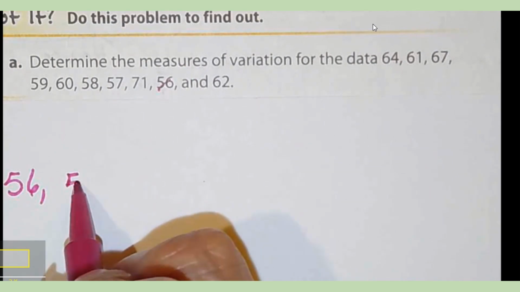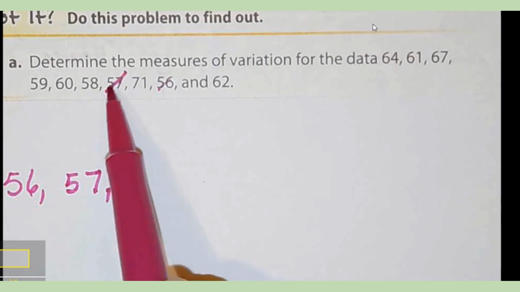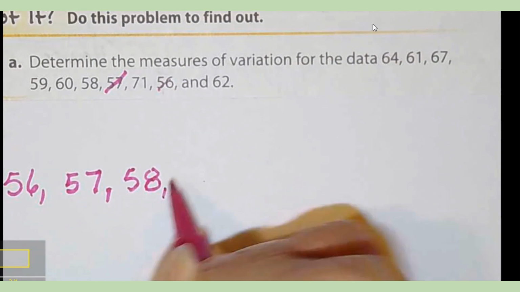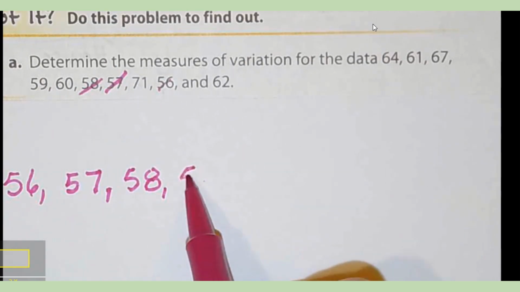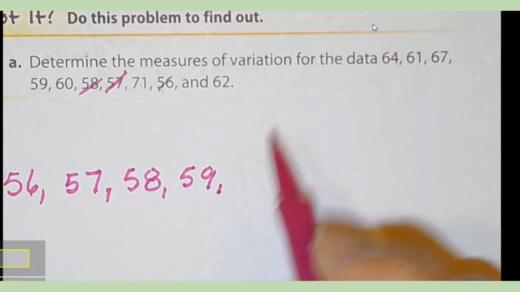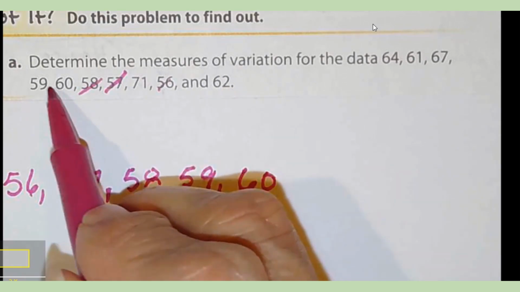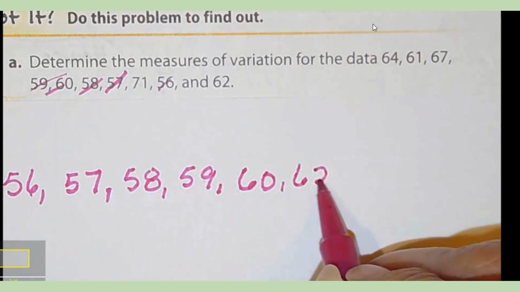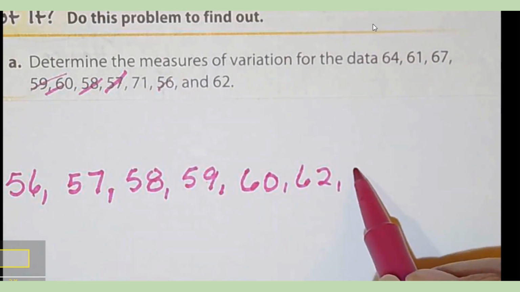57. And my next number is 58. 59. 60. 62. 71.